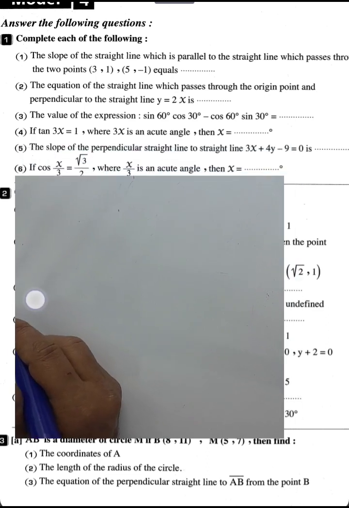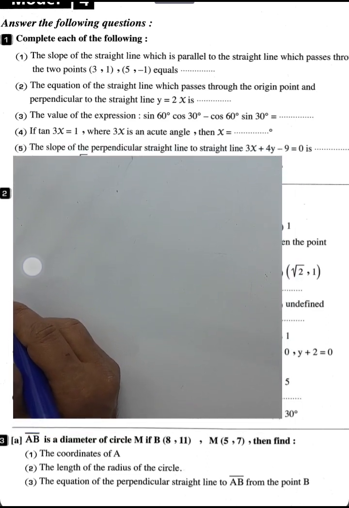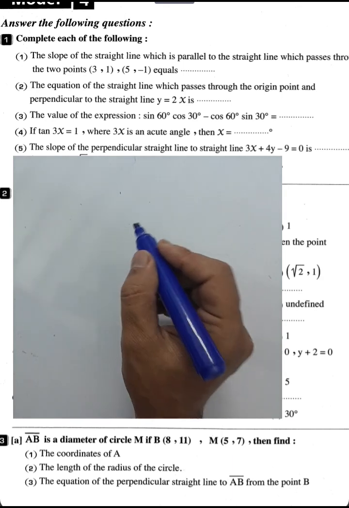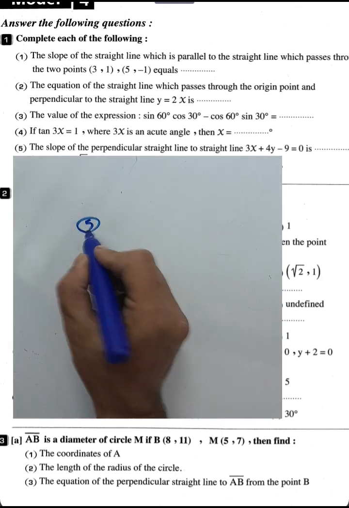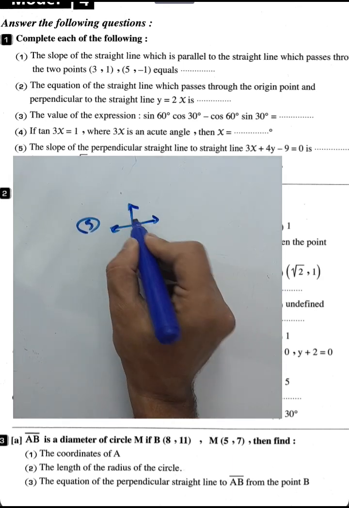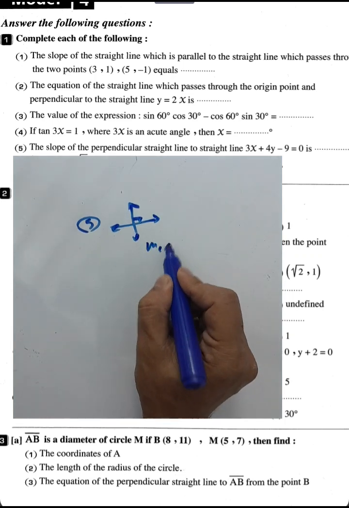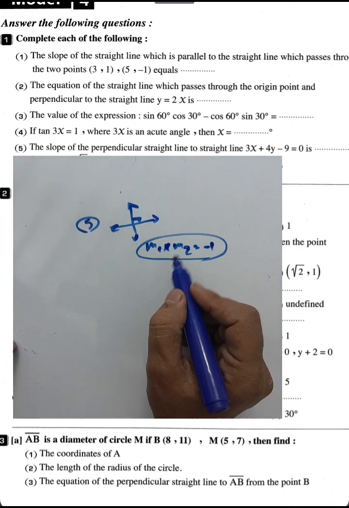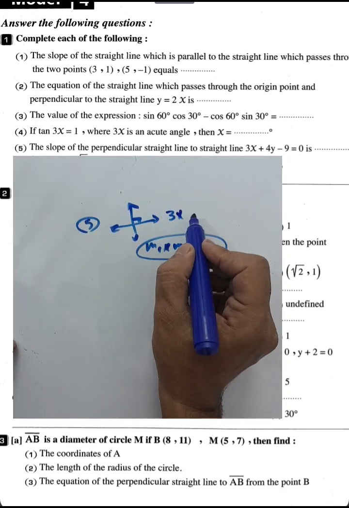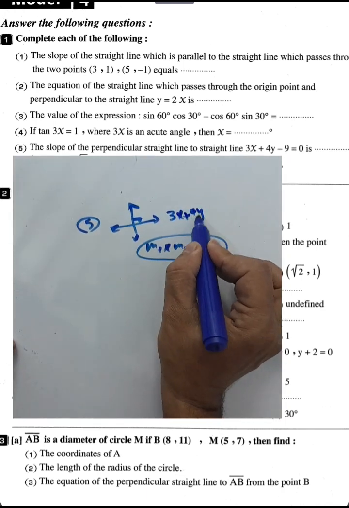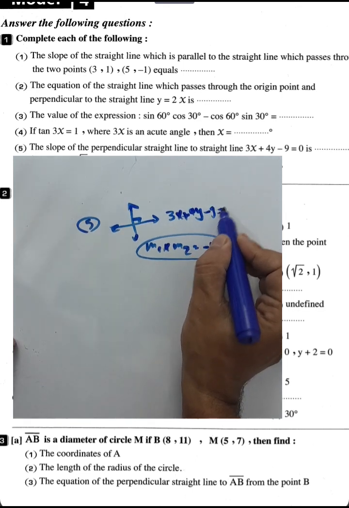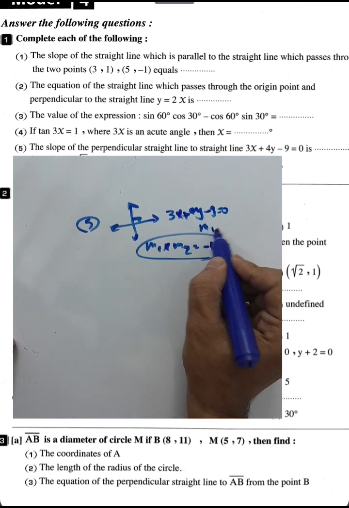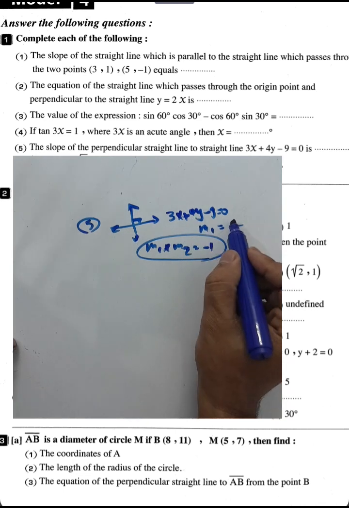Next, question number 5. The slope of the line perpendicular to the straight line 3x plus 4y minus 9 equals 0. We have two straight lines, perpendicular, then slope 1 multiplied by slope 2 will be -1. The slope here will be the negative coefficient of x over the coefficient of y.